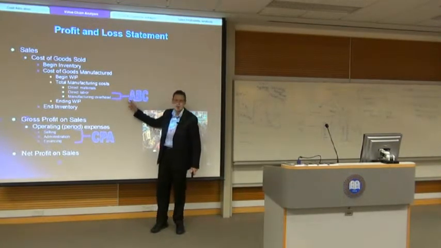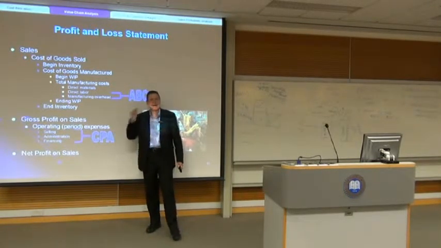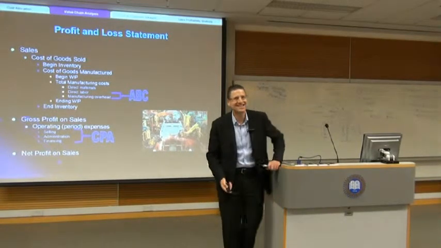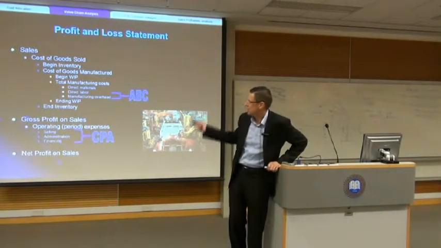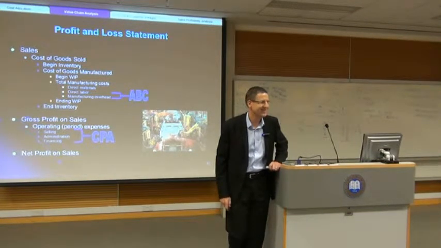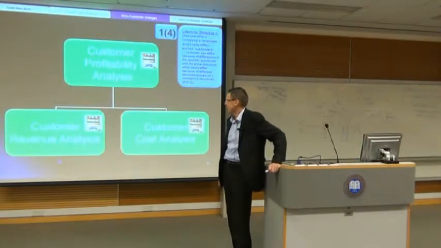Here, not all products are the same in the consumption of resources. Here, not all customers are the same in the consumption of resources. And that's the big thing you want to take away. You all need to know this basic profit and loss statement. You need to know that. All right?